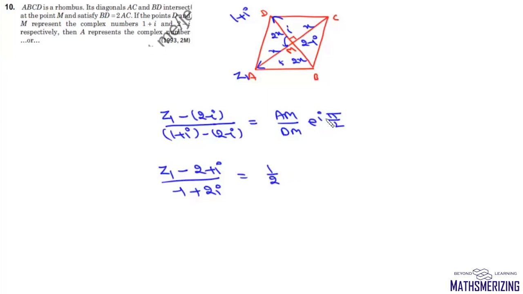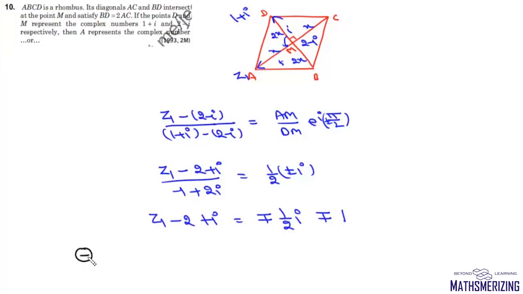Now here it could be both plus pi by 2 or minus pi by 2 because it could be either clockwise or anti-clockwise. So we'll take this as plus or minus i. So this Z1 minus 2 plus i will be equal to minus plus 1 by 2 i and then minus plus 1.